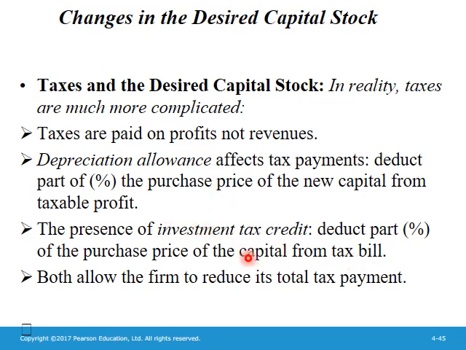لما بعمل كده I lower الأساس اللي بتحسب عليه التاكسز اللي هدفعها للحكومة، فبيبقى kind of reducing the total tax payment for the firm. Okay. Just examples for various tax provisions اللي موجودة in reality. يعني الموضوع ما هوش ببساطة قوي، it's quite complicated.